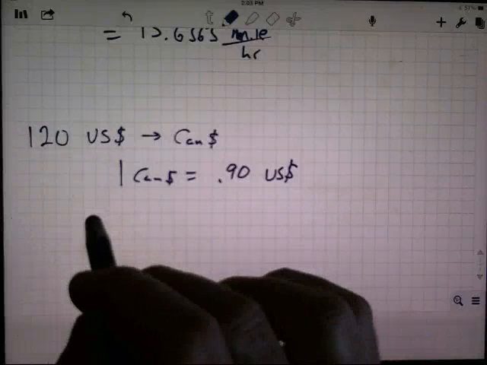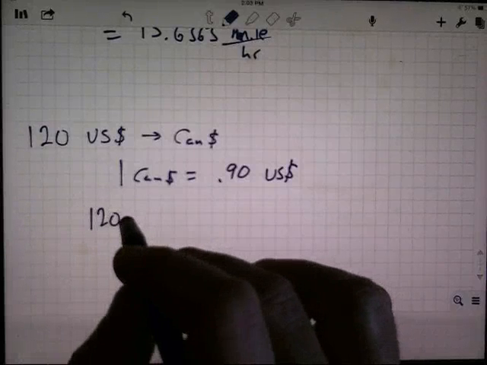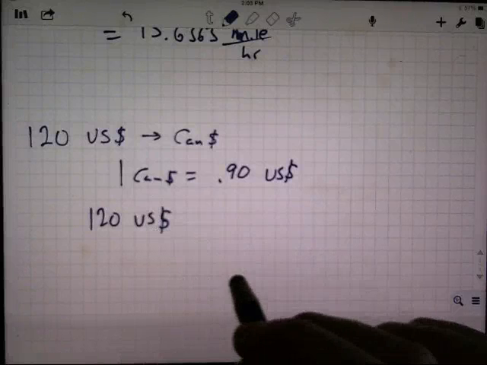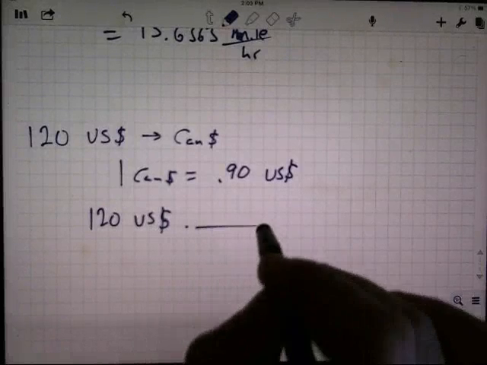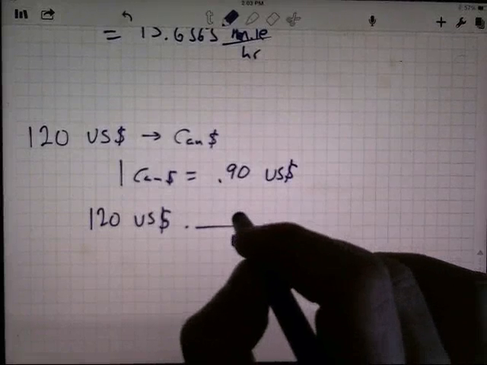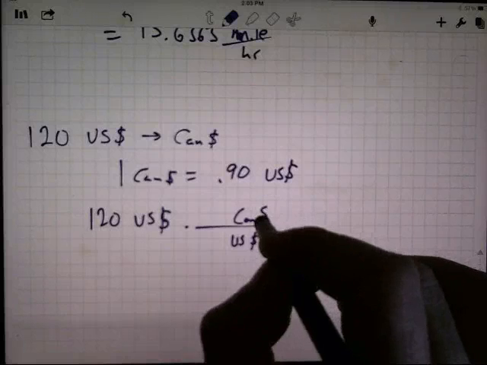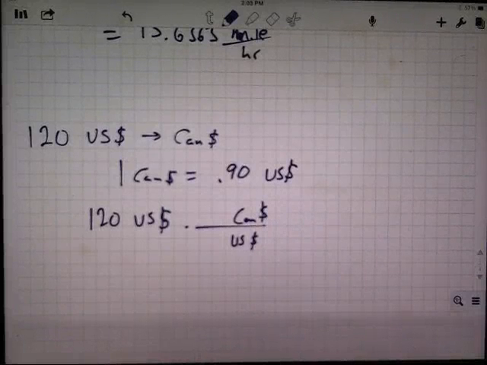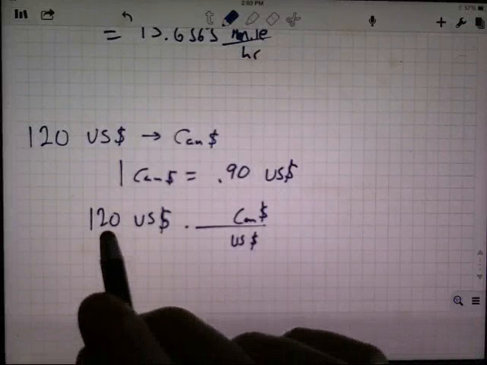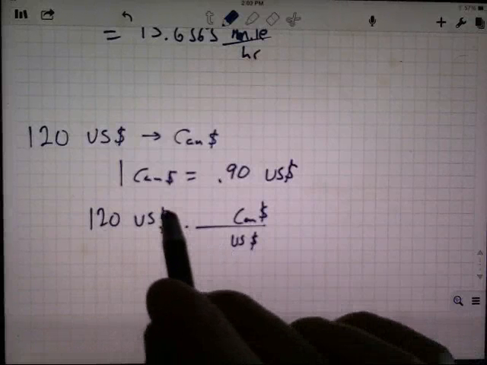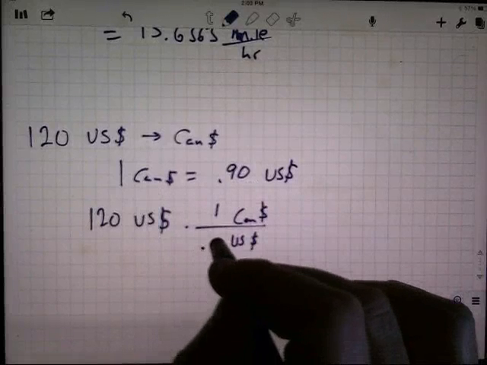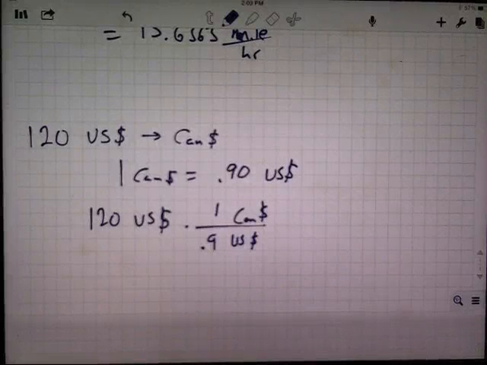So if I've got 120 US dollars, I'm going to multiply by an exchange rate. I want to cancel out the US dollars on the bottom, and I want to end up with the Canadian dollars on the top. I'm going skiing up there, and I've got to bring some cash with me. So what's the exchange rate? 1 Canadian dollar is the same as 0.9 US dollars.